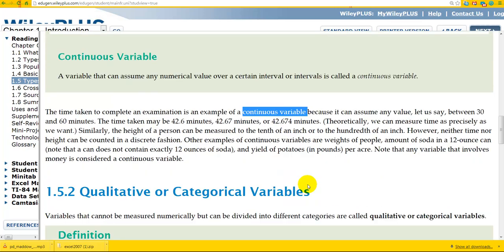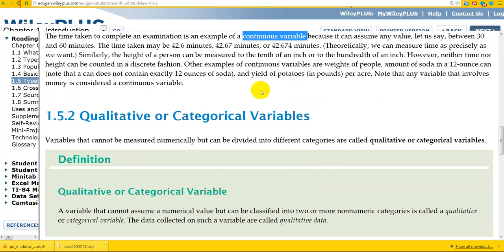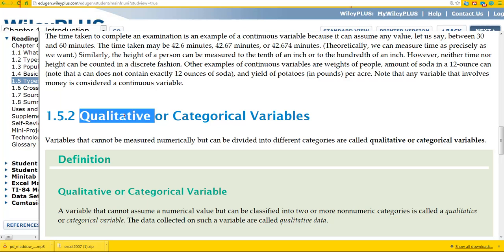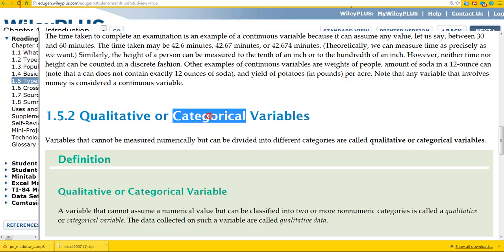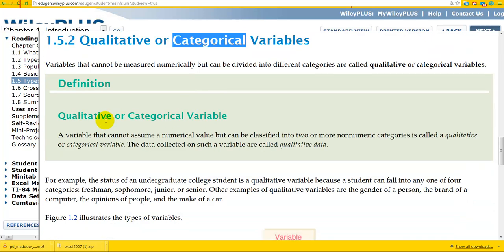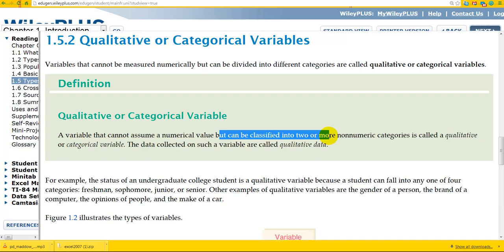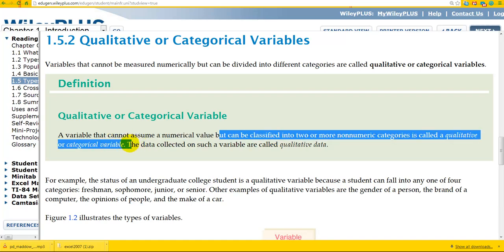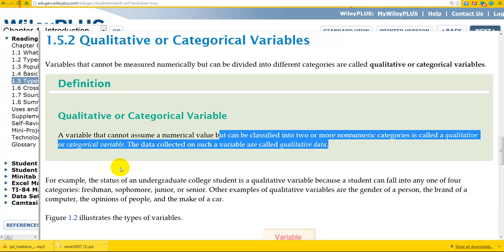Okay, please read this and make sure you understand it. Qualitative and/or categorical, we said it before. A variable that cannot assume a numeric value but can be classified into two or more non-numeric categories is a qualitative or categorical variable. The data collected on such variables are called qualitative data.